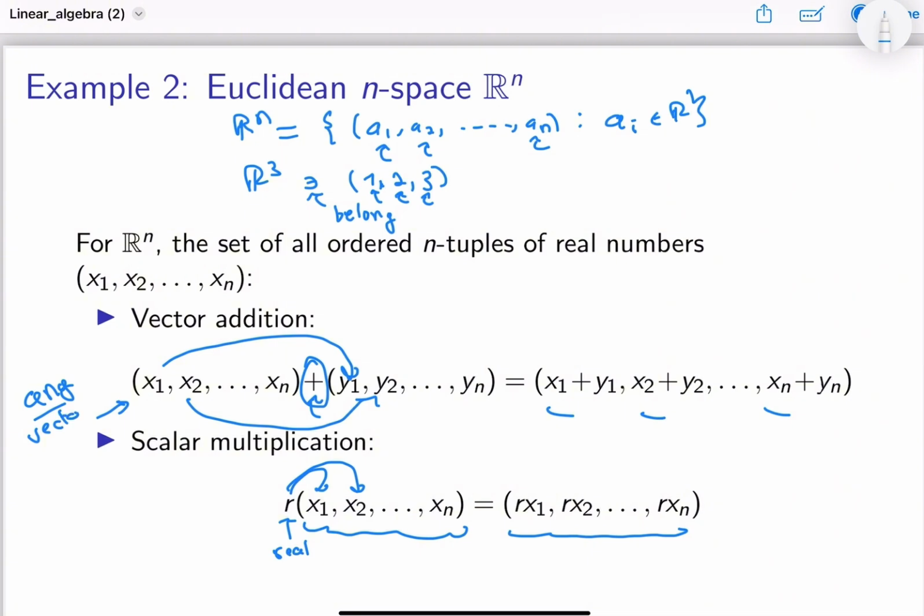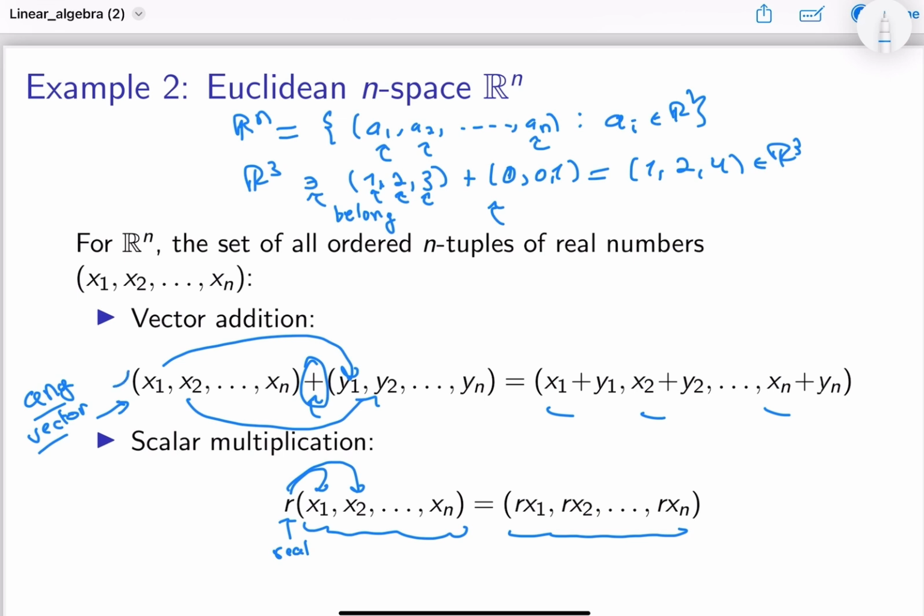When we prove a property, we don't prove it for a particular vector. We don't prove closure in R3, for example, by saying (1, 2, 3) plus (0, 0, 1) is equal to (1, 2, 4), which is also in R3, and thus closure under addition is true. No, you don't do that. This is an example.